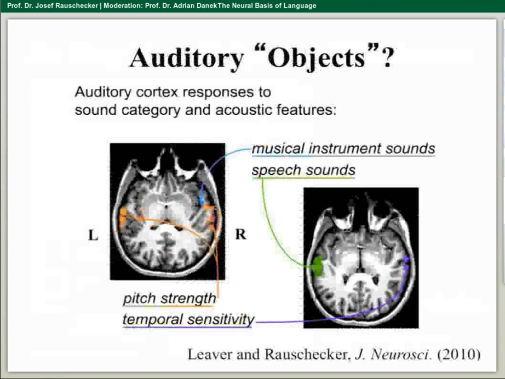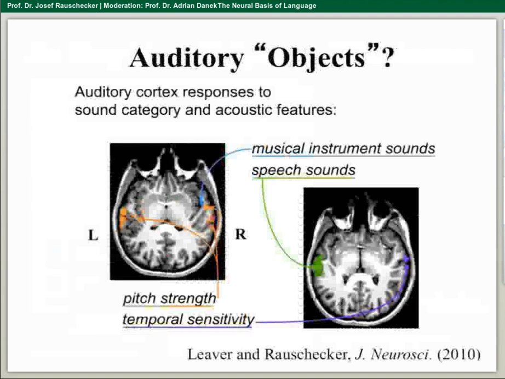There is a region on the left side in particular of auditory cortex that very readily gets activated by speech sounds. People have found this more and more. There are clusters of cells, probably, of voxels, as we call them in imaging, that cluster together where speech sounds are preferentially processed.